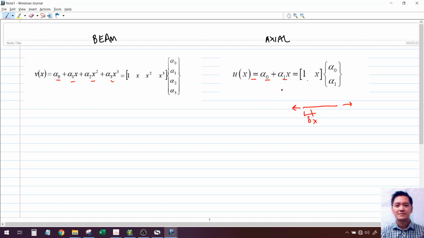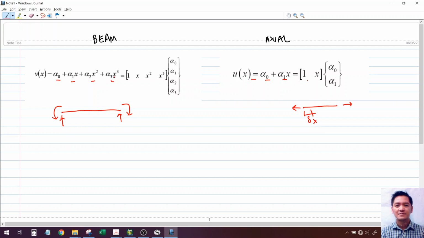However, sa beam, ganito naman. So you have displacements here, meron ka ding rotation dito. Kaya we have 1, 2, 3, 4. Kaya apat na unknowns, kaya ang unknown constants natin, 4 unknowns din.